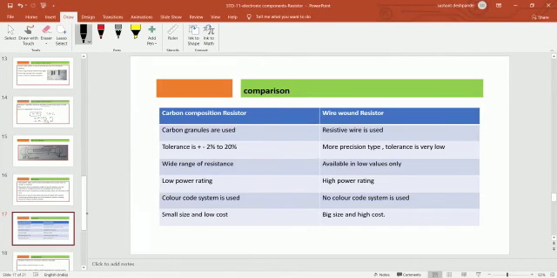A wide range of resistance is available in low values only. Low power rating, high power rating. Color code system is used in carbon; here no color code system is used. The carbon composition resistors are small in size and low cost. Here they are big in size and high cost. So this will be the comparison you can do between the carbon composition resistor and the wire wound resistor.